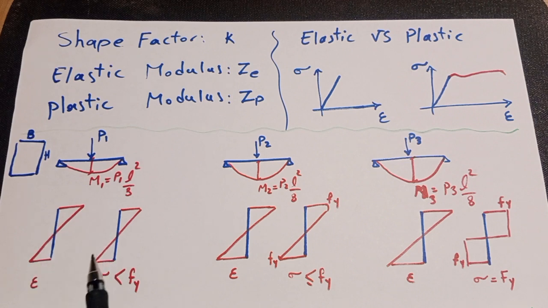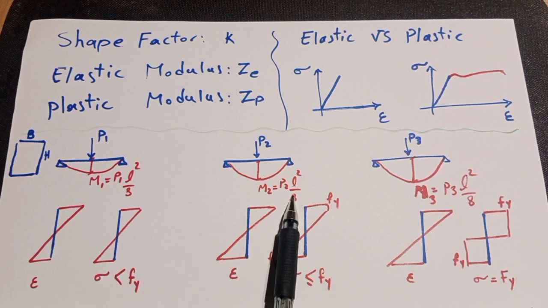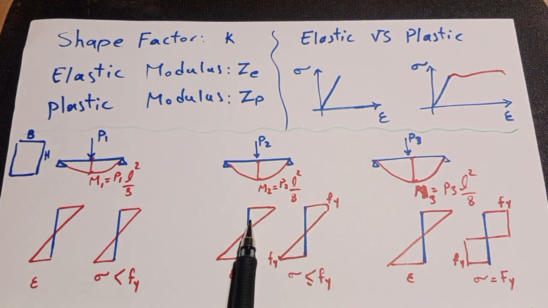P1 has just an elastic effect on the beam. Stress is in the linear range, strain is in the linear range, and for P2 the load increases until we reach Fy, but still the strain is linear because, as a principle in structural engineering, the section should always remain flat, so strain should always be linear.